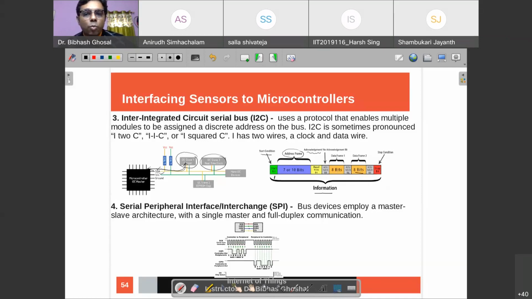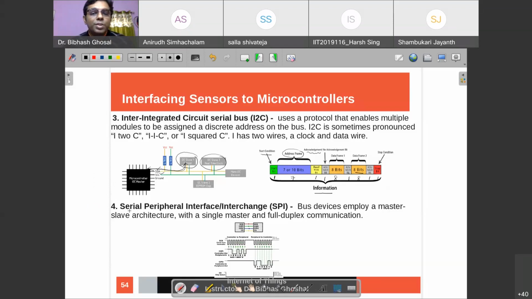So this entire bit sequence will be one data frame that you're going to send from a master to a slave. The data that you have obtained from one sample will be encoded into this particular form and then sent, or received in this form. So this is the basic idea behind the I2C protocol.